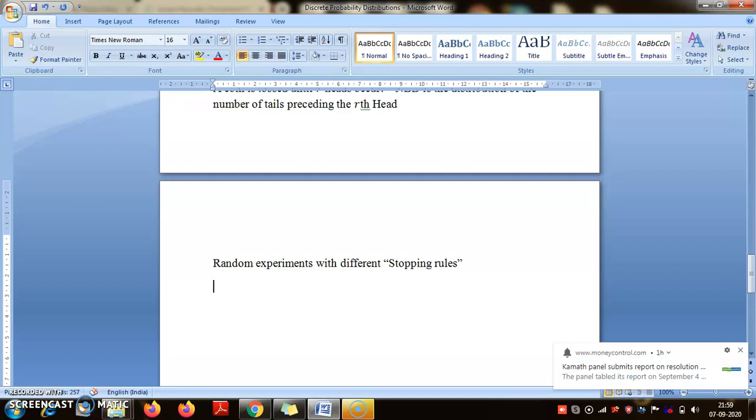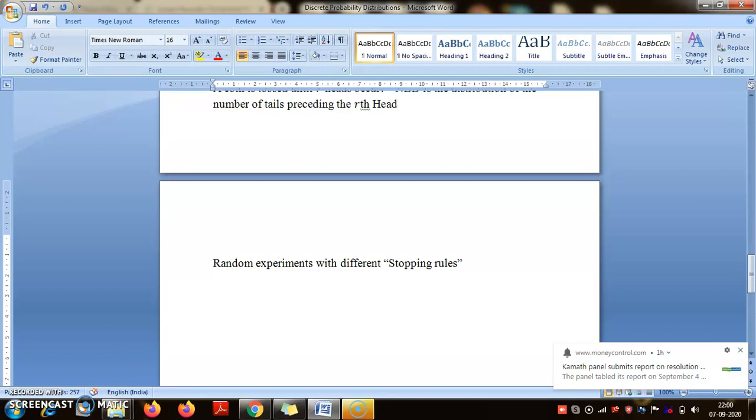In a negative binomial distribution, there is no upper limit on the number of tosses. A coin will be tossed until we get a specified number of heads. In a binomial distribution, the number of tosses is fixed, so the number of heads cannot exceed that number n.